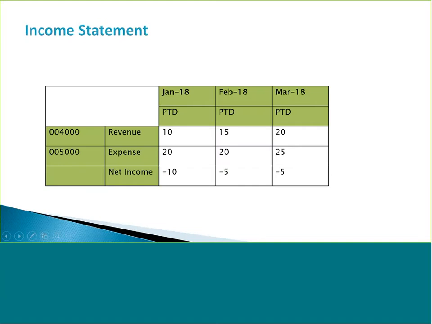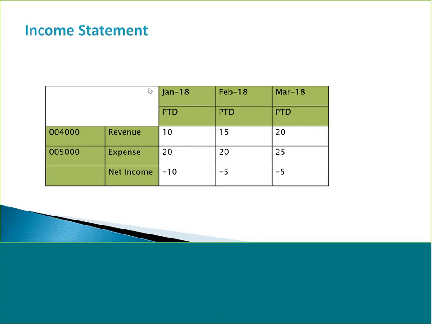So this is a representation of the kind of report we want to come up with. An income statement will show your revenue and your expense accounts, and it will also show you the net income.